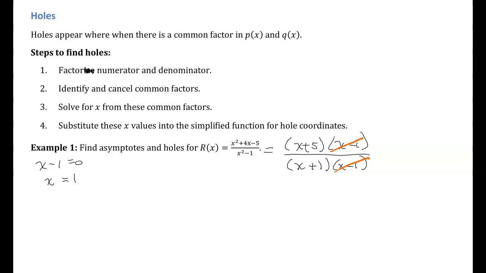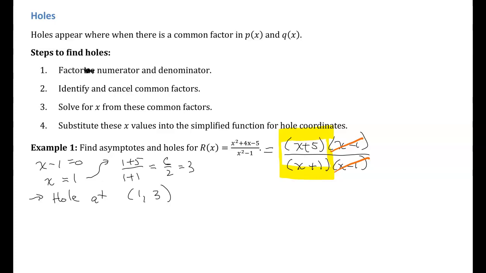So if I plug it back into whatever is left here, that means that our y coordinate is going to be 1 plus 5 over 1 plus 1, which is 6 over 2, or 3, which means that we have a hole at 1, 3.